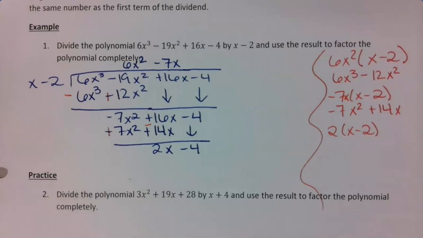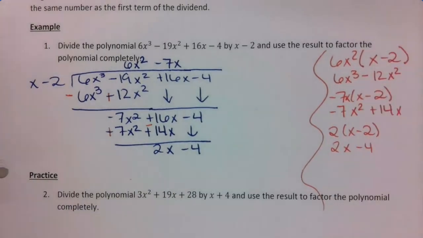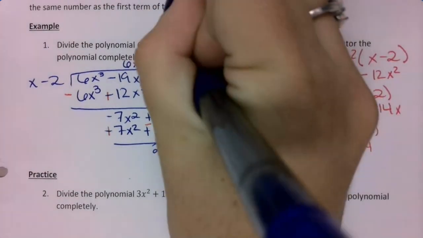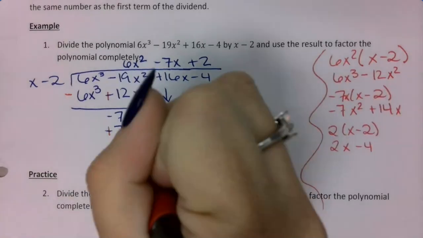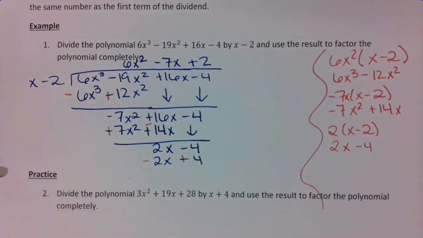And then 2 times x minus 2 is 2x minus 4. So I want to write the part that I multiplied up here. So that was a positive 2. When I go to subtract and change those signs, what do I get? 0. So I have no remainder here.